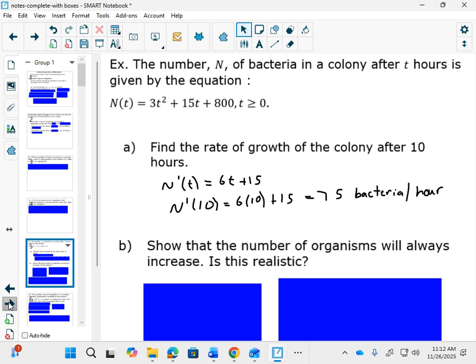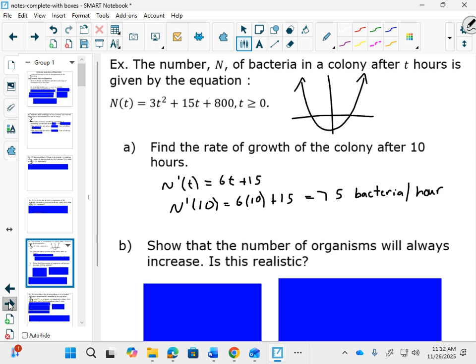Now, just to help you visualize and think about this contextually, you realize this is a problem, right? I don't know exactly what it looks like. It might be all the way up, it might be different, okay? What we did is we said at 10, comma something, this slope is 75.